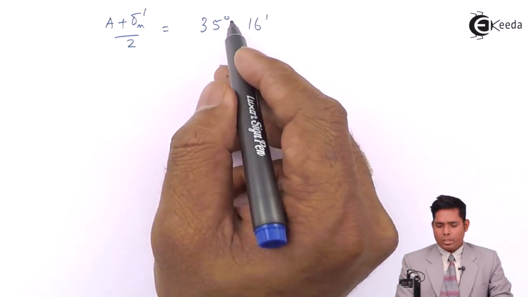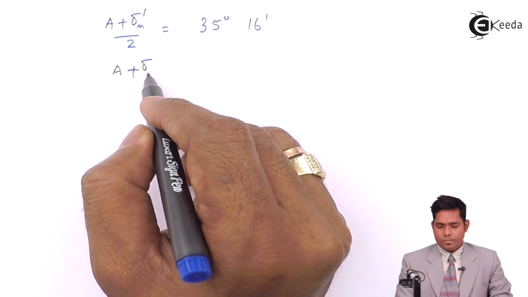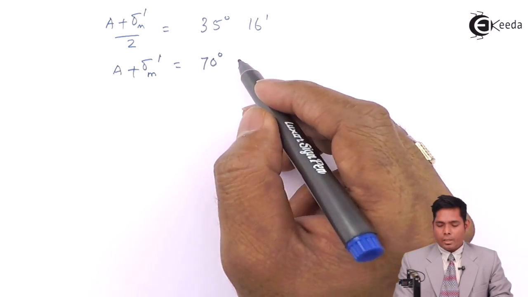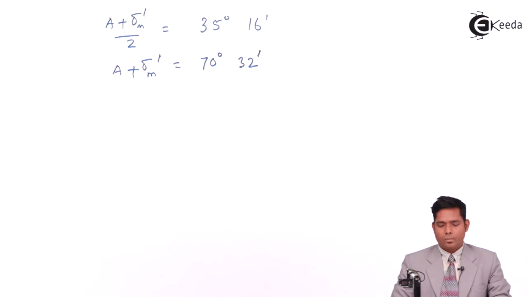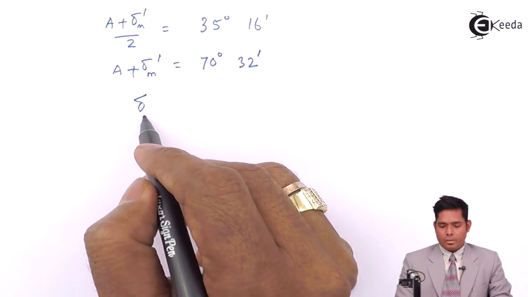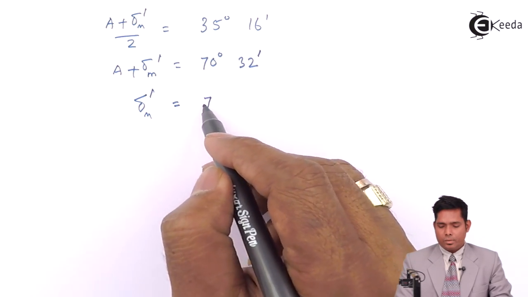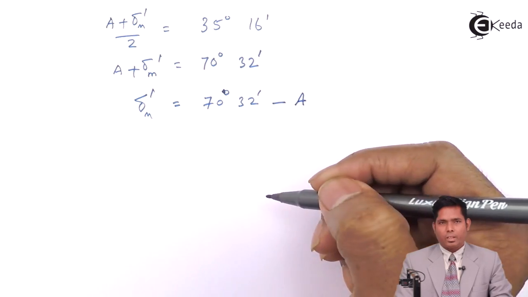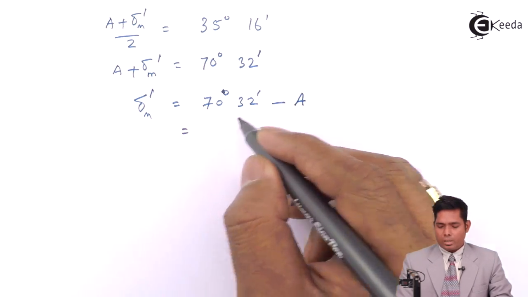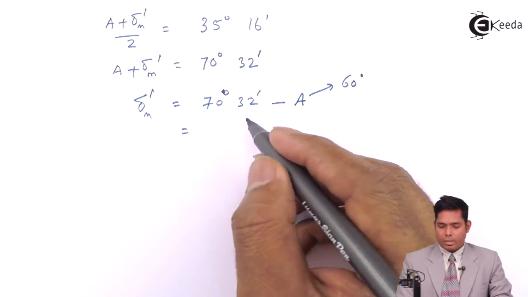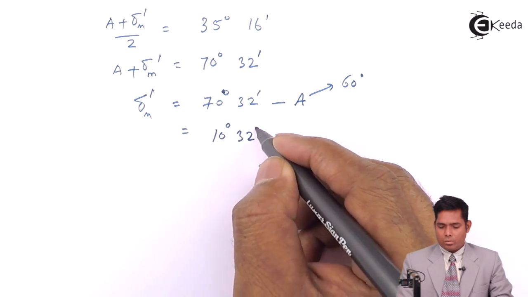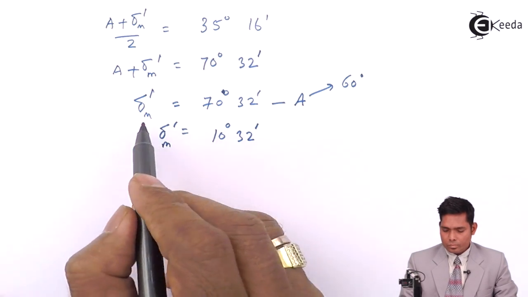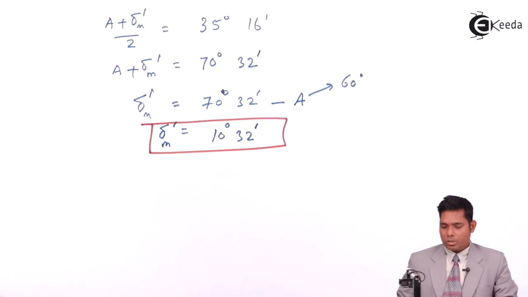Multiplying this by 2 here, we get 70 degree and 32 minute. From here, delta m prime is this minus A. A is 60, so I'll put it here 60. So I'll get 10 degree 32 minute. So this is the answer to this question.